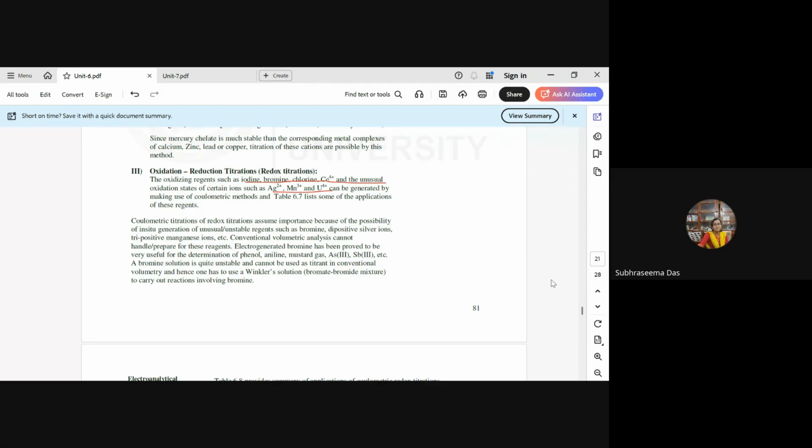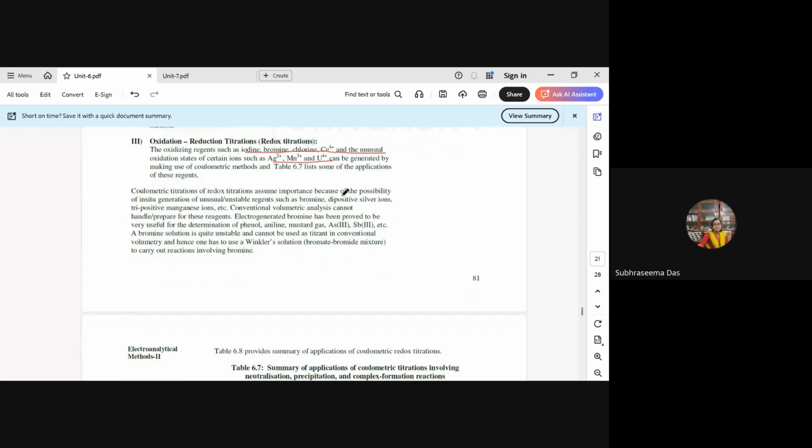Coulometric redox titrations assume importance because of the possibility of in situ generation of unstable reagents such as bromine, dipositive silver ions, tripositive manganese ions and others.